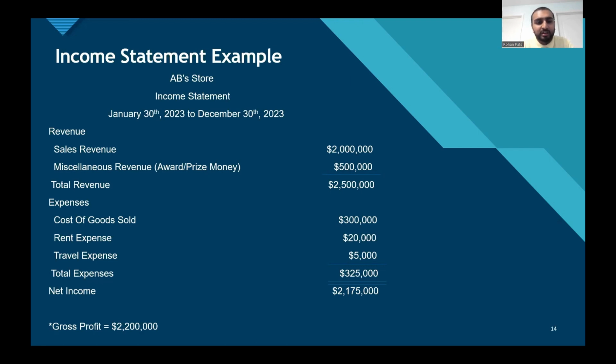And the total expense, also including the cost of goods sold, is $325,000. And now what we do is we calculate the net income. So we do 2.5 million minus the $325,000, and that gives us the $2,174,000 for this period in time.